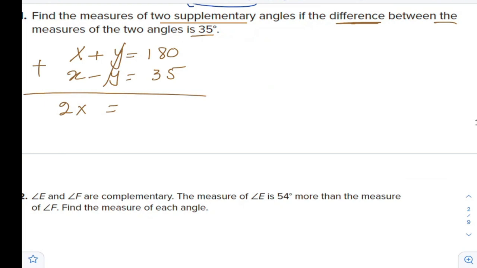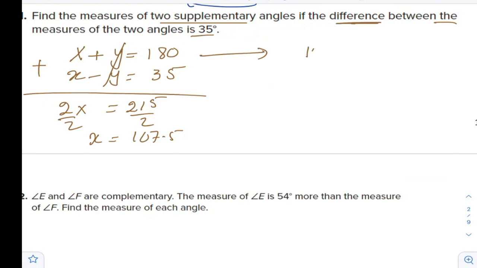2x equals. Let's now go back to our traditional way. 180 plus 35 is 215. And when you divide, it is giving you 107.5.